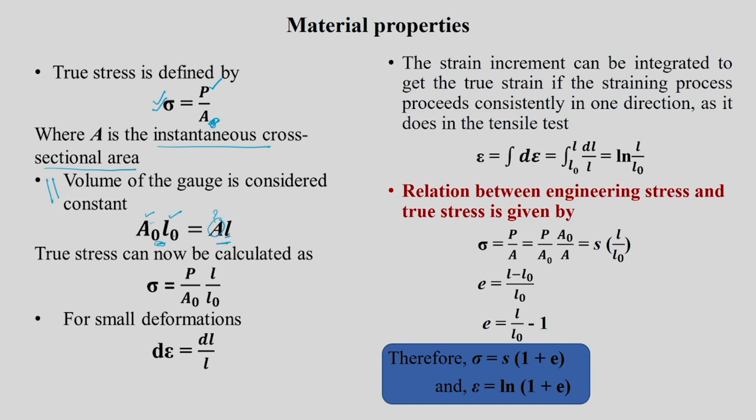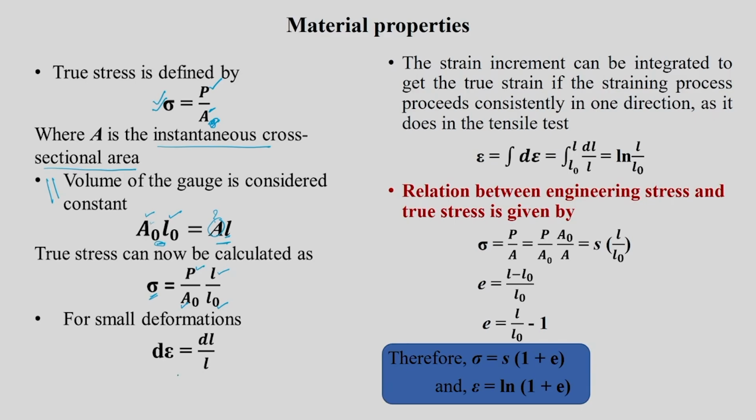So, A is nothing but A naught L naught divided by L, so sigma is nothing but P by A naught into L by L naught. A naught L naught by L, so L goes to numerator. So, P L by A naught L naught is going to be your sigma. So, I can get true stress now, because P is known, A naught is known, L naught is known, L can be calculated at each and every level of deformation. So, I will get it.